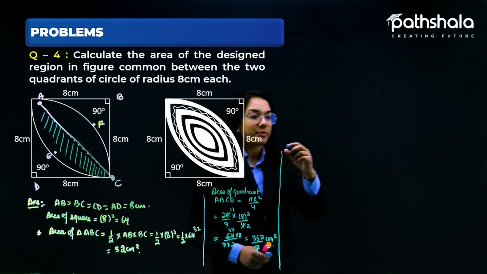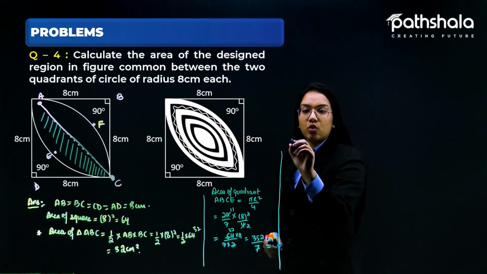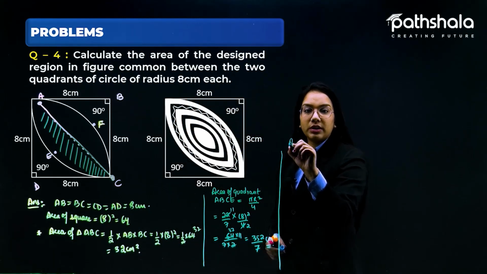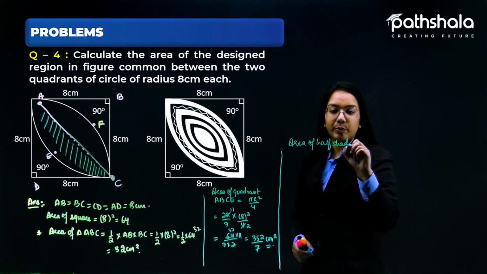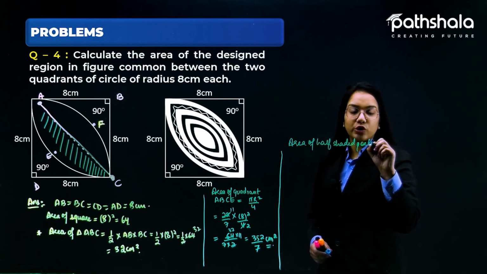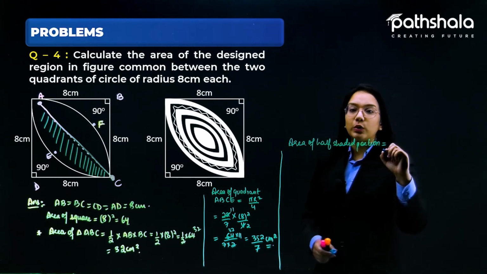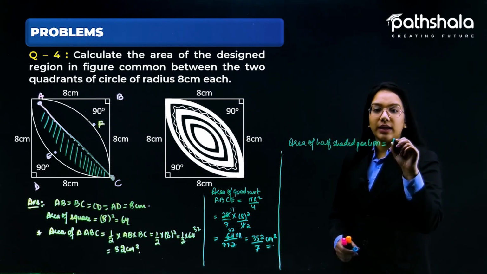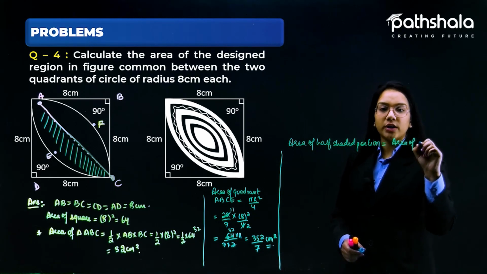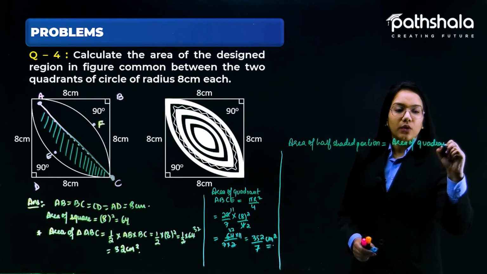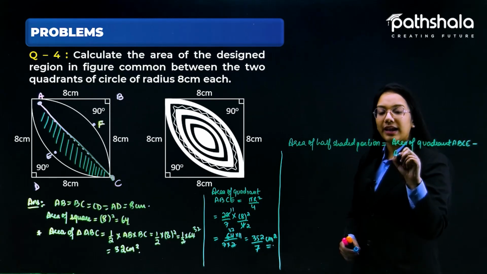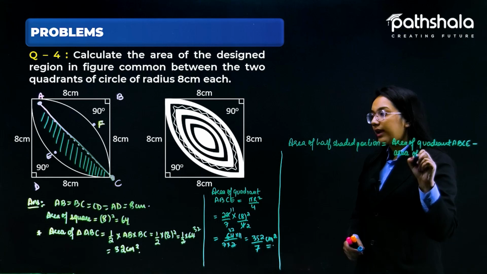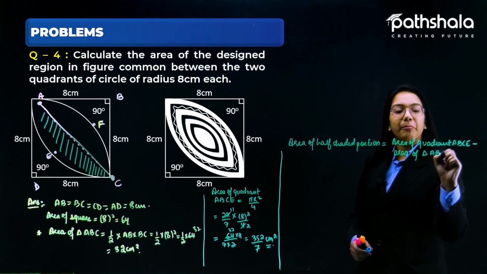So let us suppose I'm subtracting these two areas. So the area of the half shaded portion would be equal to the area of the quadrant ABCE minus the area of the triangle ABC.